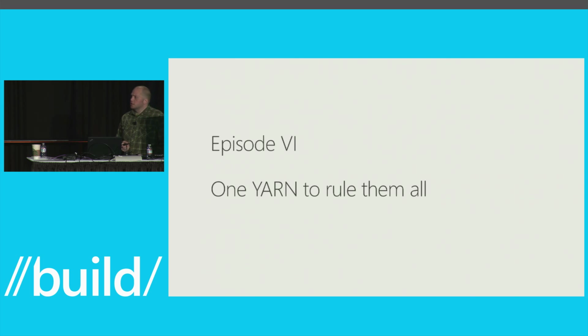And so this is where Yarn enters the picture. Yarn really started as a rewrite of the MapReduce infrastructure, to try and address some of the problems that we saw. But then it started to be generalized. Yarn, like a lot of acronyms, stands for Yet Another Resource Negotiator.